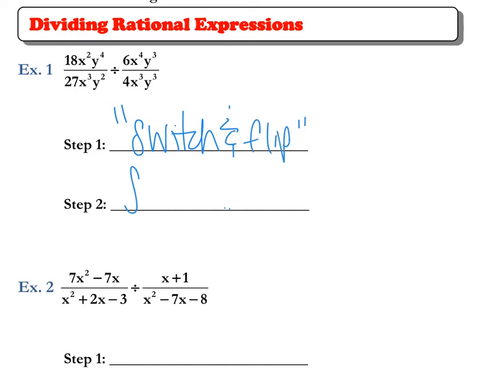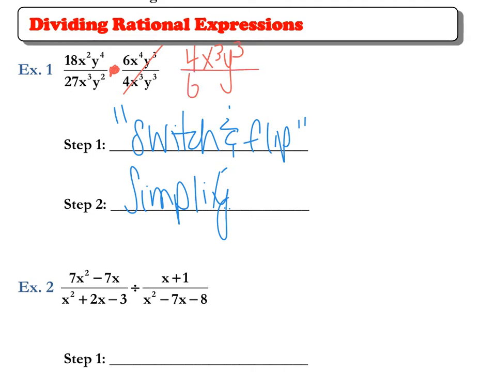And then just like before, we're going to simplify. If you remember, the switch and flip is to switch division to multiplication and then flip the second fraction. The reason we say switch and flip first is so that we remember to switch this and flip the second fraction, not the first one.